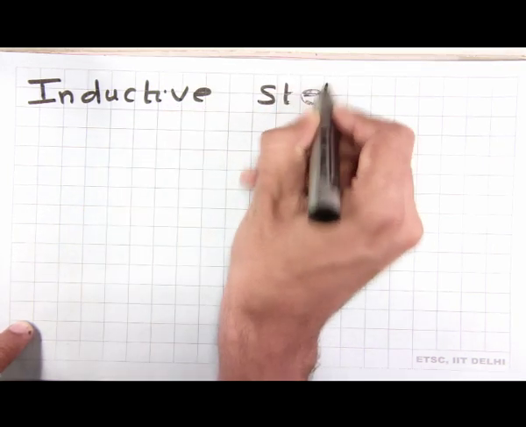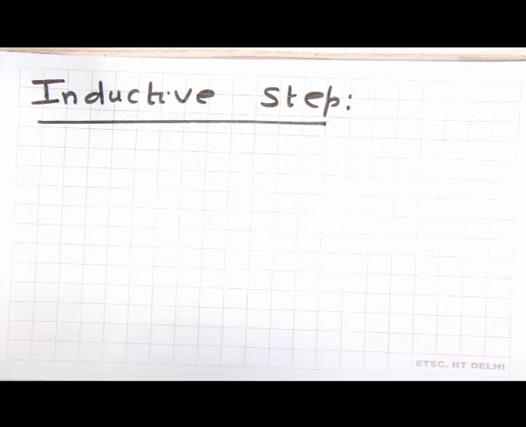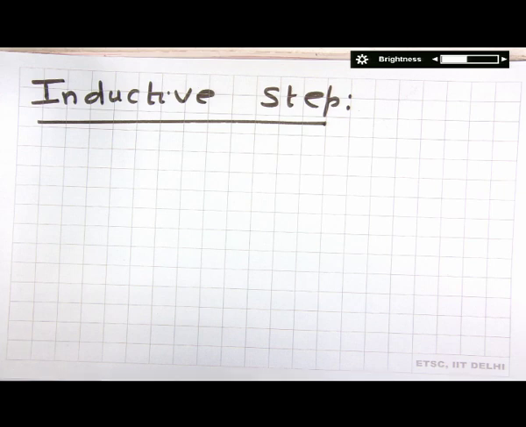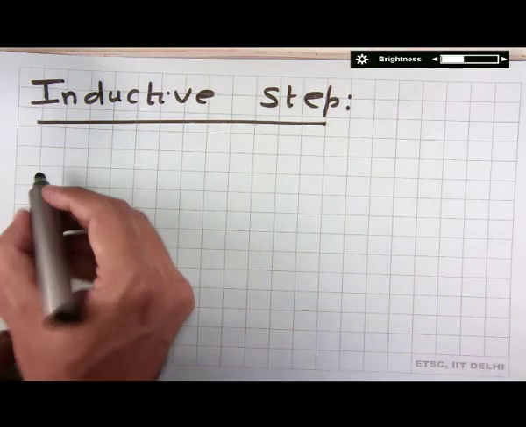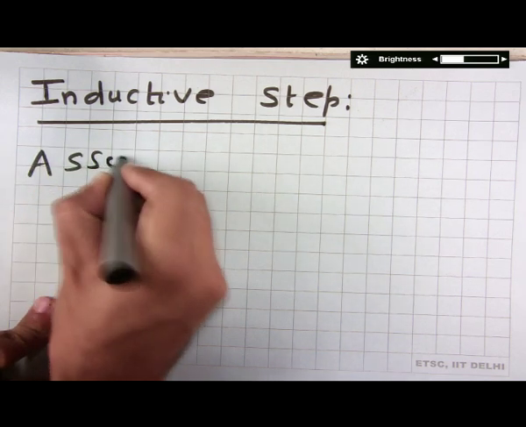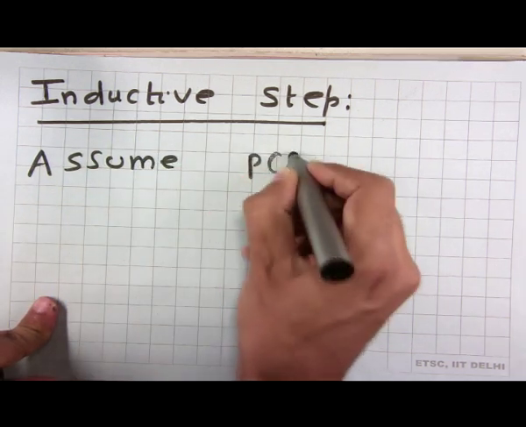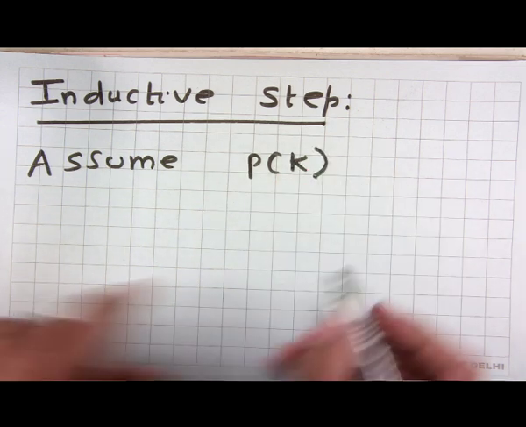Now, the inductive step. What is the requirement in the inductive step? We have to assume that P of k is true, and we have to prove that P of k plus 1 is true.